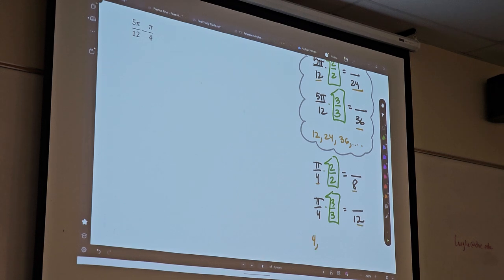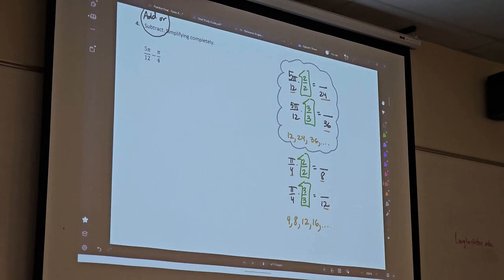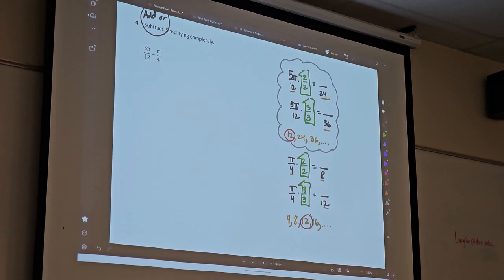I could turn fourths into fourths, 8ths, 12ths, 16ths, and so on. So if you just skip count by each denominator, the first one they have in common is the smart denominator to choose.